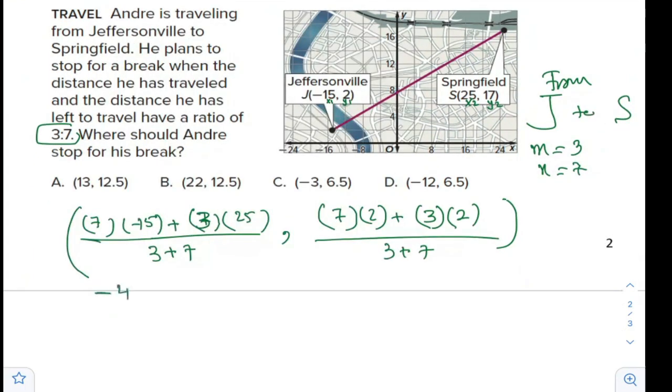Let's evaluate. Negative here. You can multiply 7 by -15, which is -105, plus 75 over 10. And this will be 14 plus 6 over 10. Is it that?